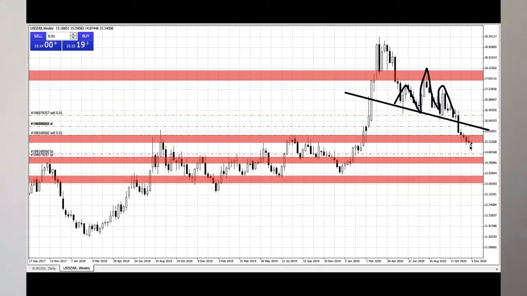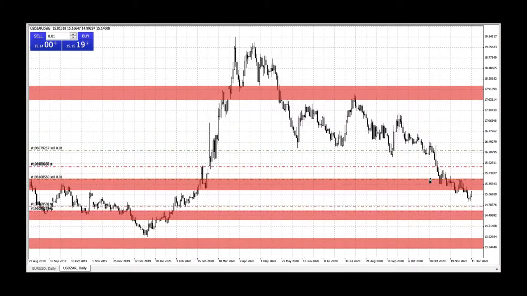Another scenario that may happen is this support zone may hold, and if it holds, the bullish activity will push the price up, and then it will come and retest this 15.21600 zone before moving all the way up in a series of higher highs and higher lows until it gets to 17.69110. Now let's go on to the daily chart.